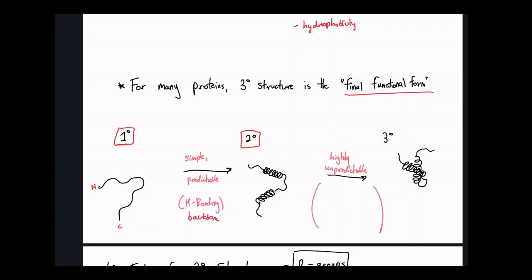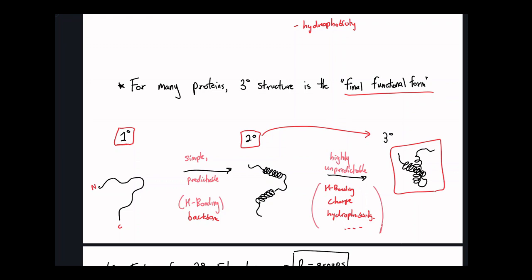And then here comes tertiary structure, where the whole thing folds together, and it's affected by all sorts of things, right? We have H bonding, we have charge, we have hydrophobicity, and a few other different factors that we'll talk about later that give you that final three-dimensional shape that then has its function.